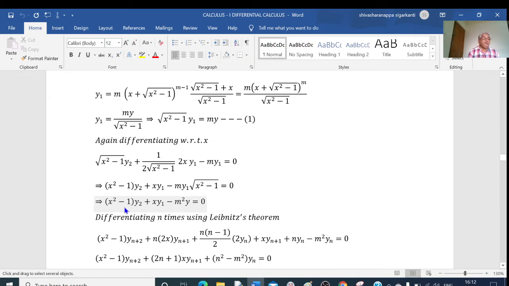Now, differentiating this equation n times using Leibniz theorem. Nth derivative of this term is, first I will write x² − 1 as it is.